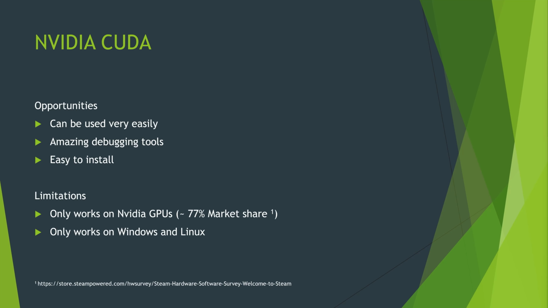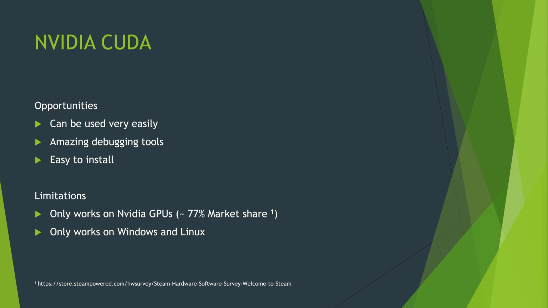So why are we gonna use Nvidia CUDA? Well, Nvidia CUDA has many opportunities. It can be used very easily, and it has amazing debugging tools, and it is very easy to install. We're gonna get to why it's easy to install. Basically, CUDA is just an installer that you need to run.